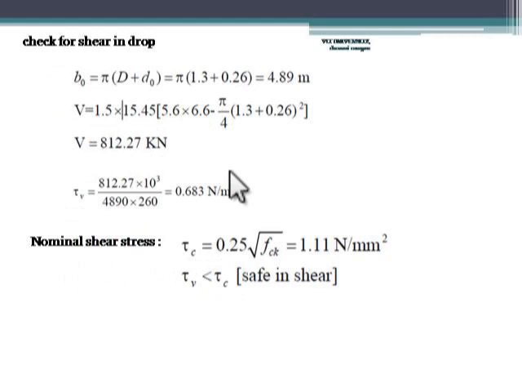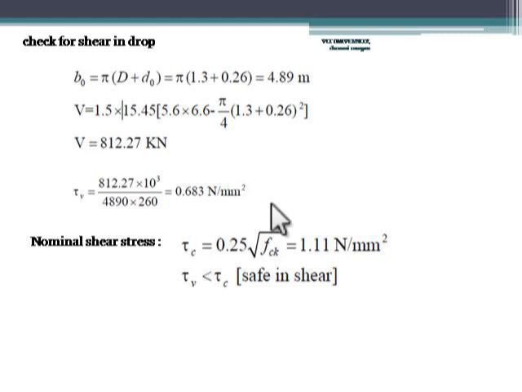This is the formula, b naught is equal to pi into (d plus D). So we got 4.89 meter, V is equal to 1.5, 15.45. We calculated and we got V equal to 812.27 kilonewton. So tau v is equal to 812.27 into 10 to the power 3 divided by 4890 into 260.